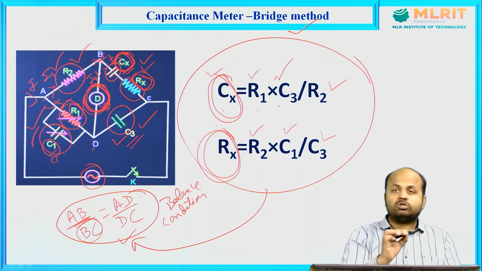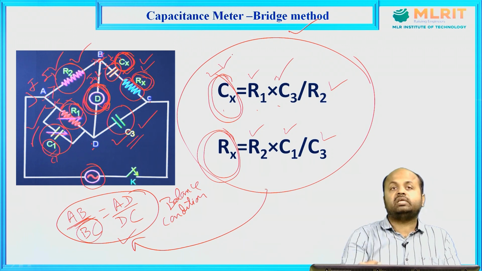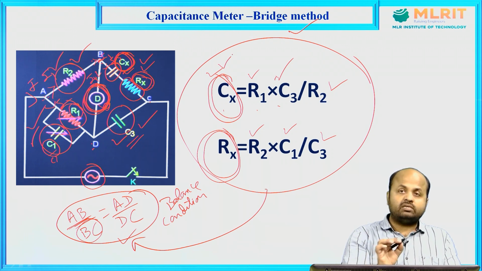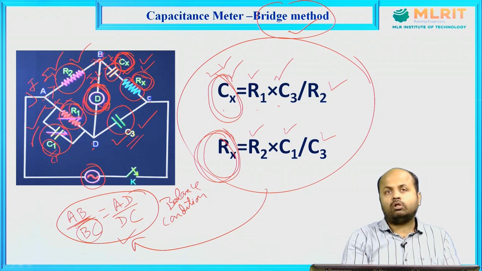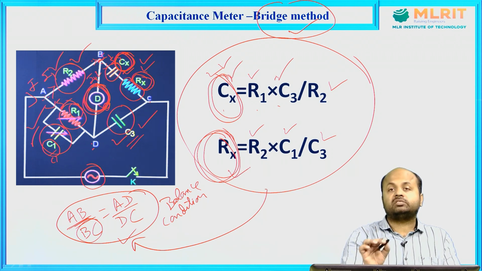In the time constant method, which I already discussed, we are only able to find Cx, the unknown capacitance, but not Rx. But in the bridge method, we can find both the capacitance value and its internal resistance.